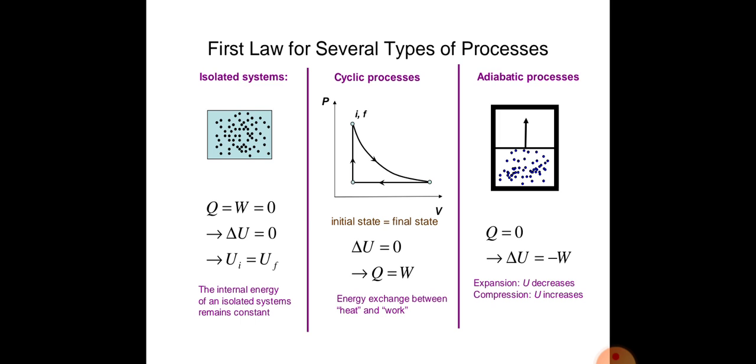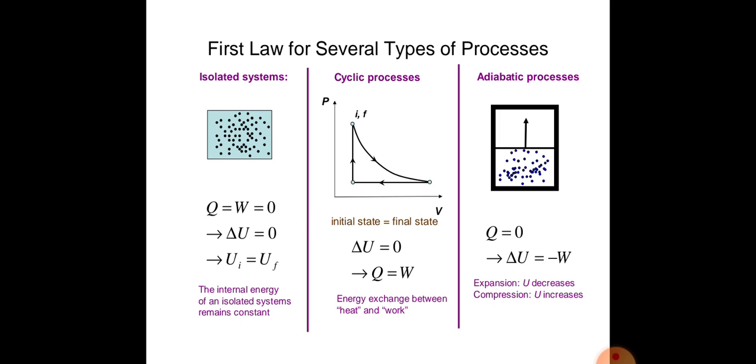So we already saw the first law of thermodynamics, which says that energy can neither be created nor be destroyed. So the isolated system equations are put into tabular form here, then the cyclic process equations and adiabatic process equations.